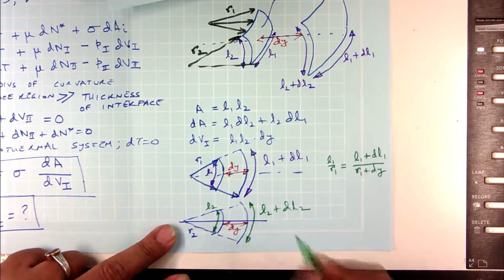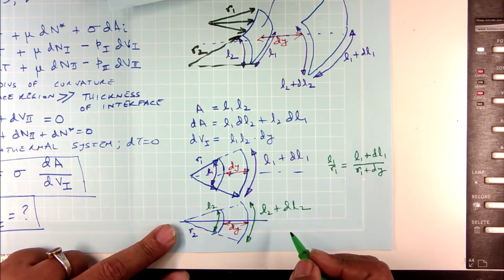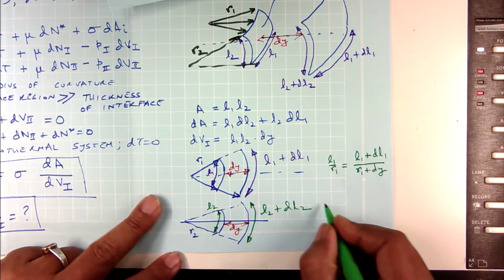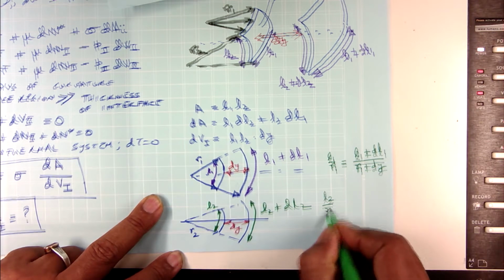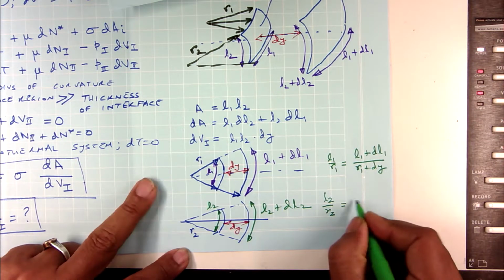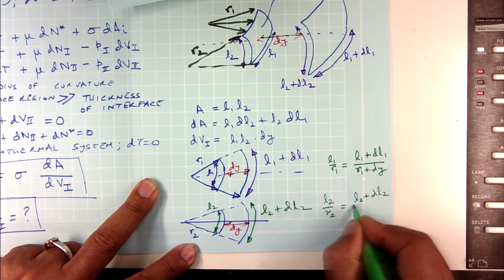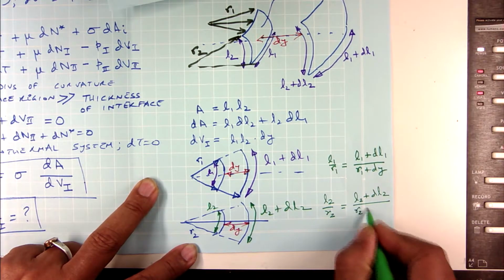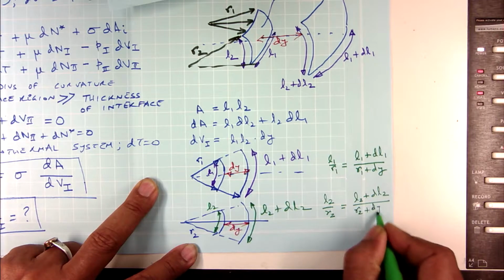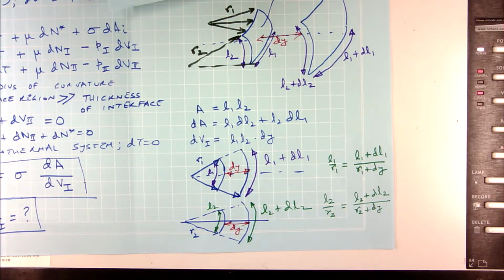Similarly, my L2 divided by R2 should be equal to L2 plus dL2 divided by R2 plus dy. Make sense?